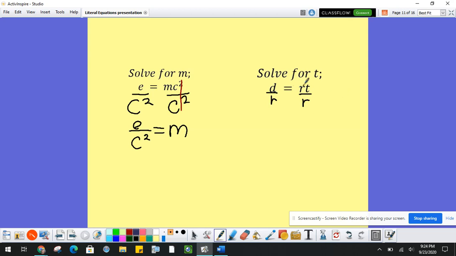On the right-hand side, the r's cancel, leaving me with t, which is what I wanted. I wanted to solve for t. So it equals t. And on the left side, d divided by r. Yep, I don't know what d is. I don't know what r is. So my answer is d divided by r.